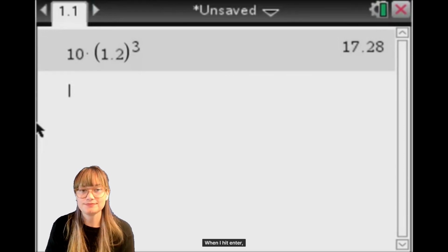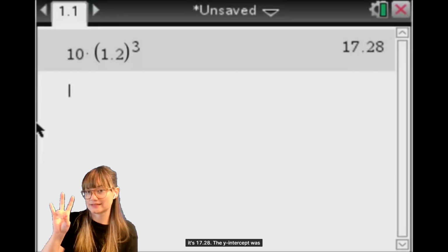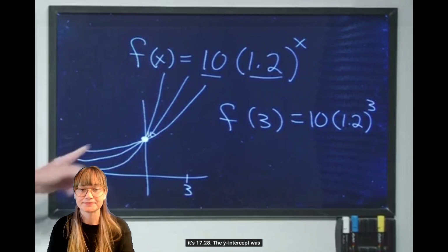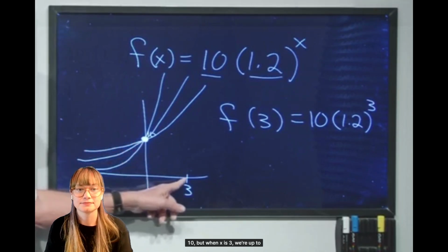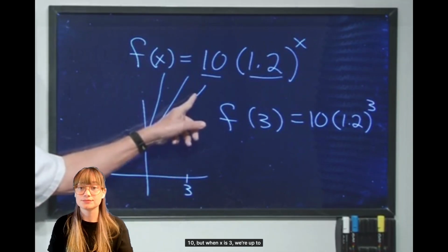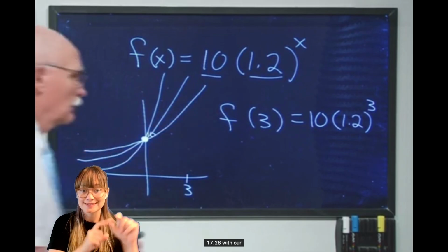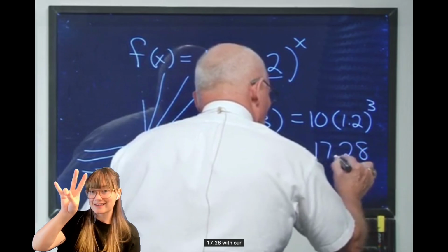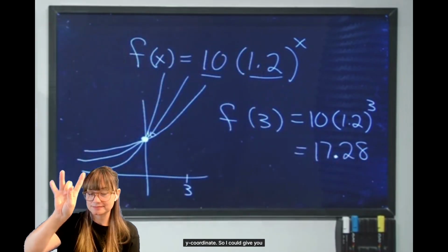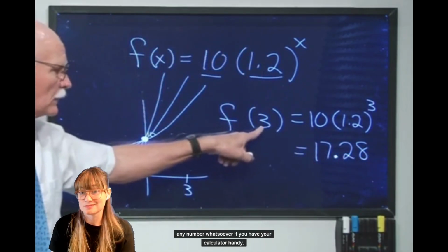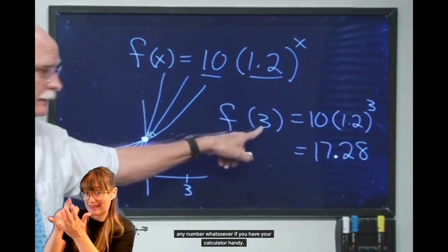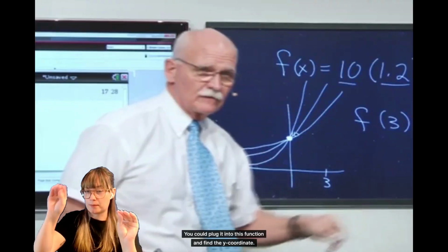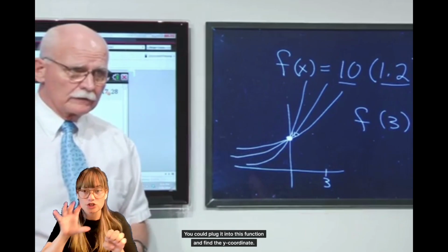Okay? And when I hit enter, it's 17.28. Okay? The y-intercept was 10, but when x is 3, we're up to 17.28 with our y-coordinate. Okay? So I could give you any number whatsoever if you have your calculator handy, and you could plug it into this function and find the y-coordinate.